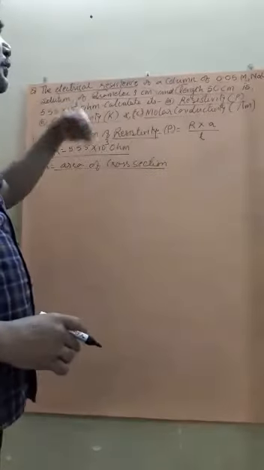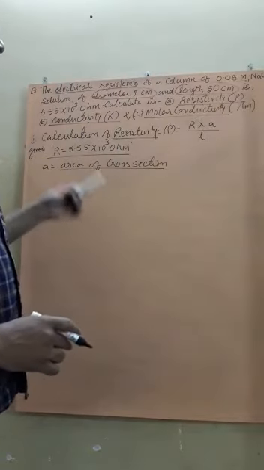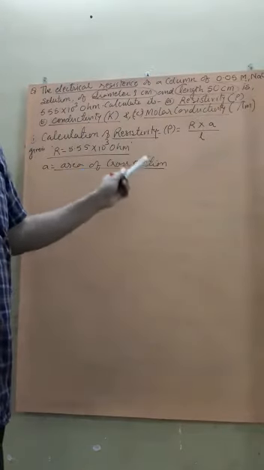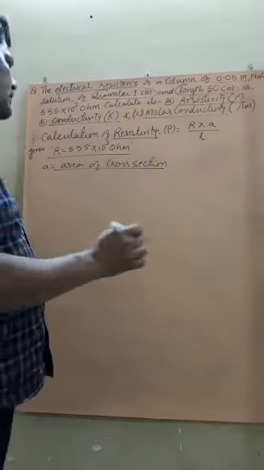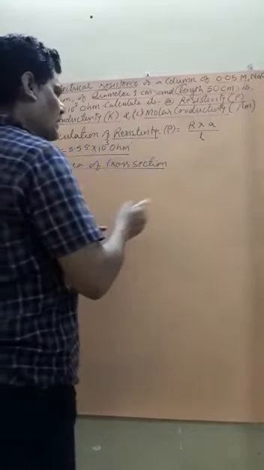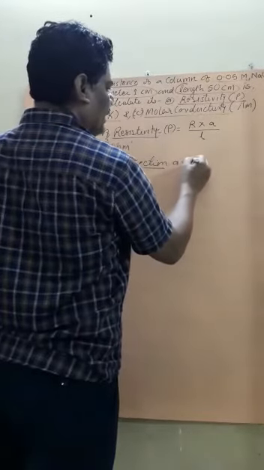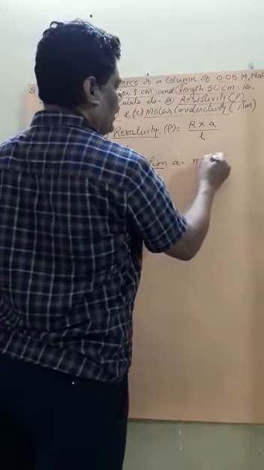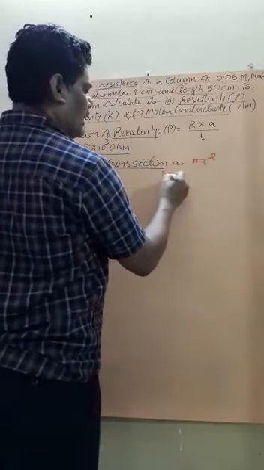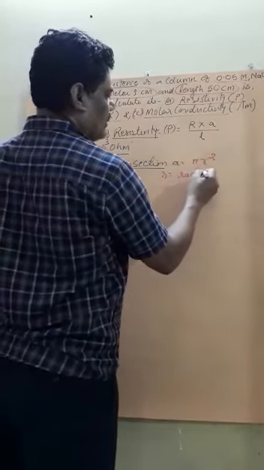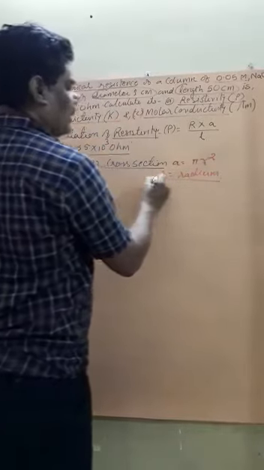We have a column here, so the direct value of the area of cross section is not given. But area of cross section, which we are calling A, is equal to pi r square, where r is the radius. So now place the value.